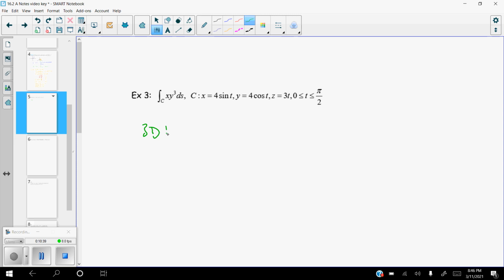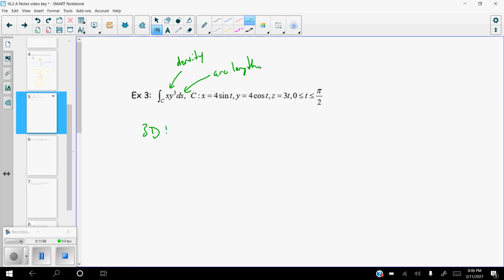Now, what does this look like? I have absolutely no idea visually what this looks like. But what are we really trying to find? Well, we are taking the integral of some kind of function here, which is really going to act as our density function because it's in 3 dimensions. And this piece is our arc length.